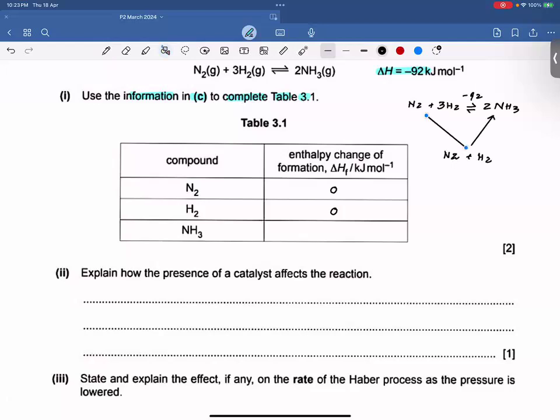Draw an arrow like that. The enthalpy change of formation of nitrogen and hydrogen is 0. Put 0 here, and we need to find out the value of ammonia here. It has to be 2x, right? Because we have 2 moles. So we need to draw an arrow in a clockwise direction so that we can arrange the values.